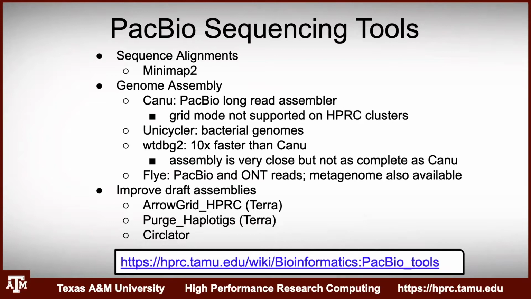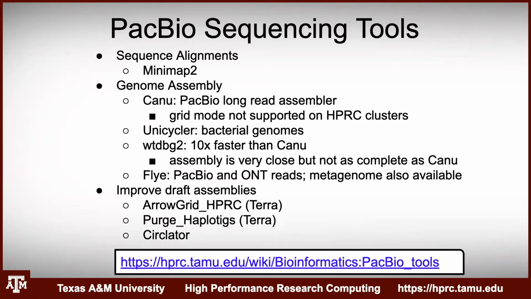So you can imagine that's a much more difficult assembly process, because with metagenomes, you're not going to have the same coverage for each element that's present within the DNA, right? So Flye is good at parsing all that data out and doing decent assemblies for everything that's present within the sample.